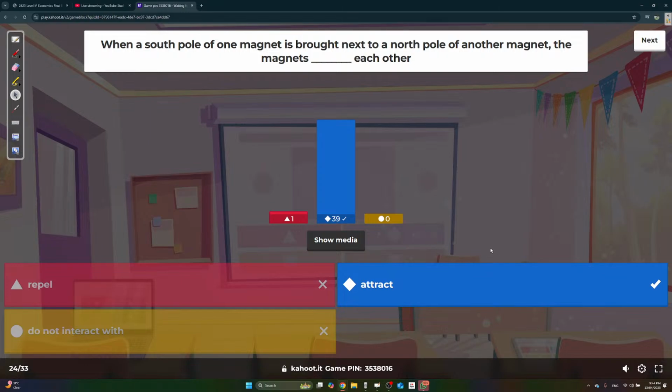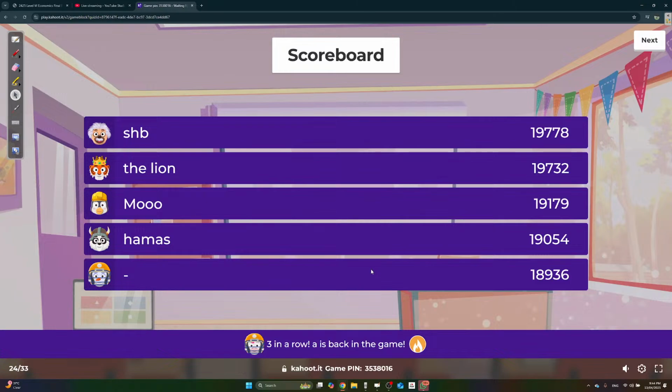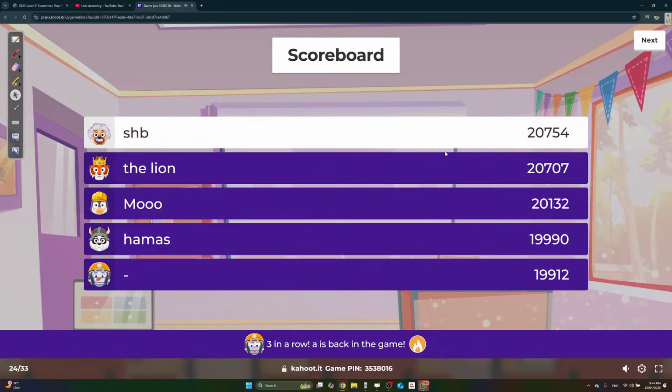Of course, when they're opposite poles, they're gonna attract, huh? SHB still first.